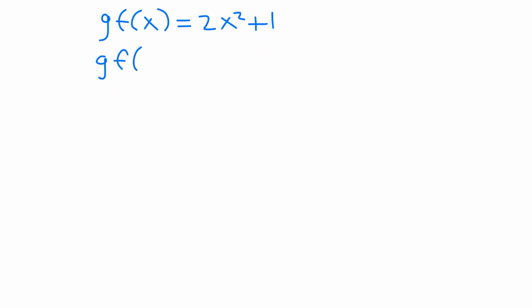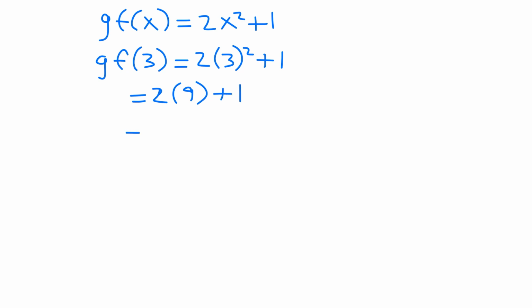So now we want to evaluate this g of f of x when the input is 3. So we can just replace our x with 3 here. So this is 2 times 3 squared plus 1, which is going to be 2 times 9 plus 1, which is 19.